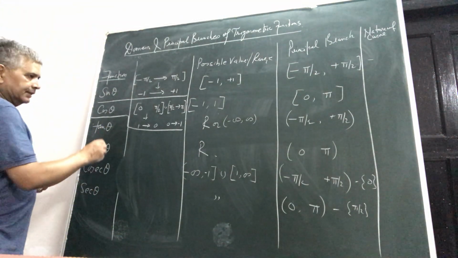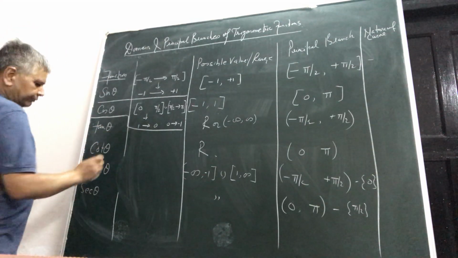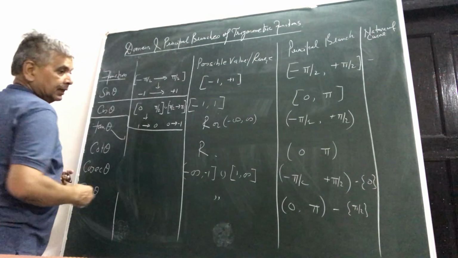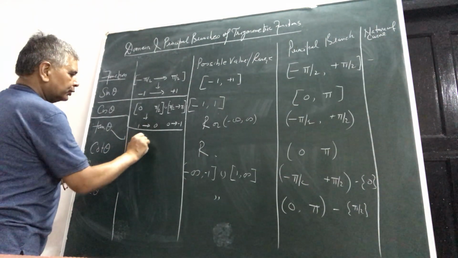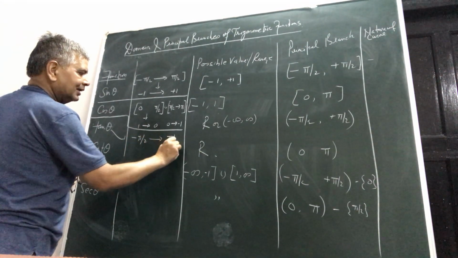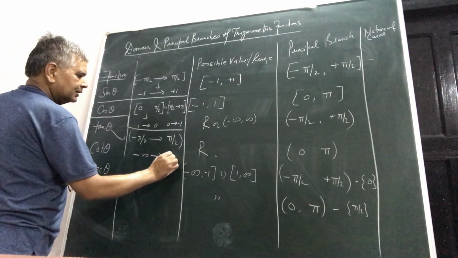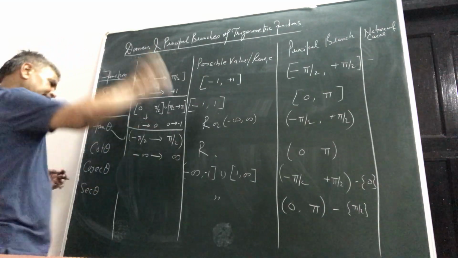For tangent theta, I am writing separately here. As you go from minus pi by 2 to pi by 2, open interval, the value will go from minus infinity towards plus infinity, continuously.